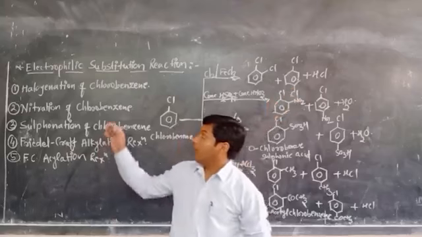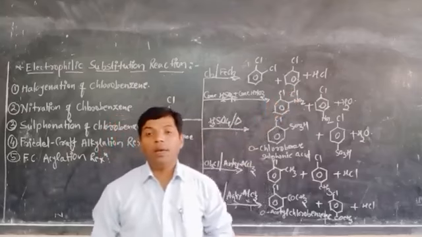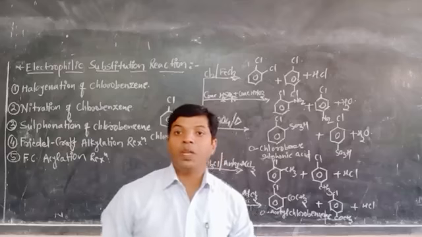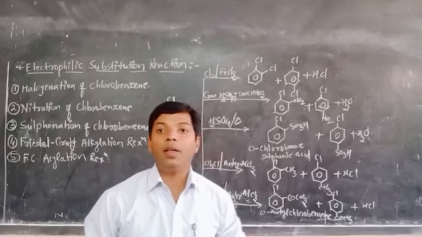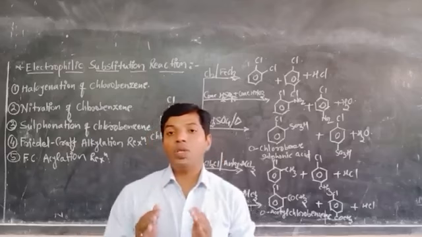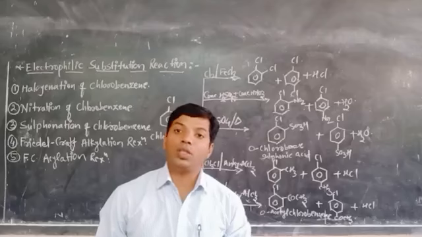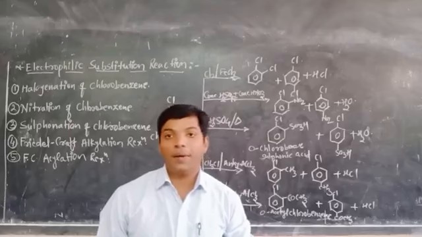Next, nitration of chlorobenzene. In the nitration of chlorobenzene, the haloarene, that is chlorobenzene, is treated with the nitrating mixture. What is meant by nitrating mixture? A mixture of concentrated H2SO4 and concentrated HNO3 is called the nitrating mixture.